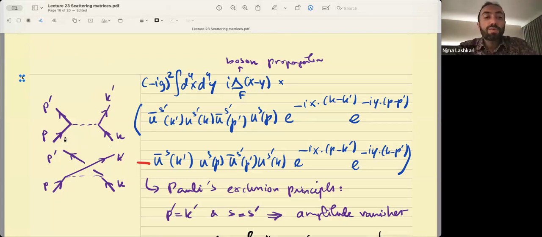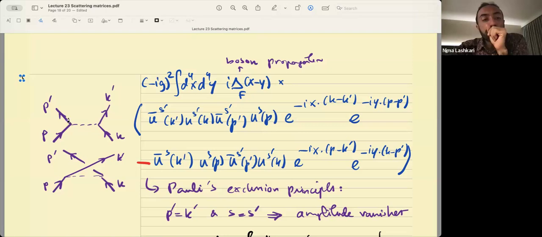P and K are the incoming fermions. It's a fermion scattering, so the incoming particles are both like this, P and K. This is the direction of arrows, signifying the fact that these are both fermions. If I had a fermion and antifermion coming, then this direction would have to be the opposite.